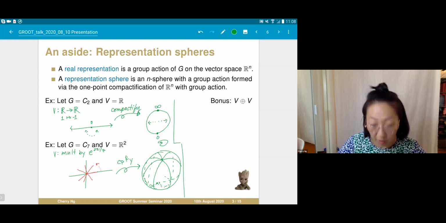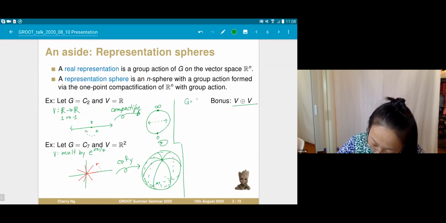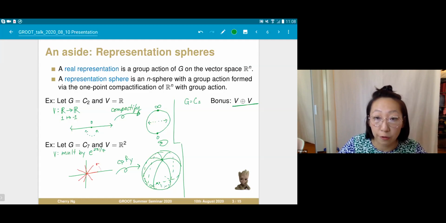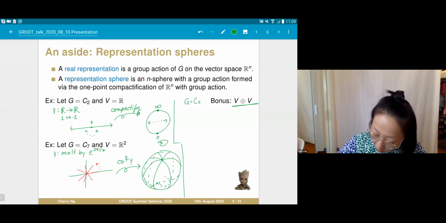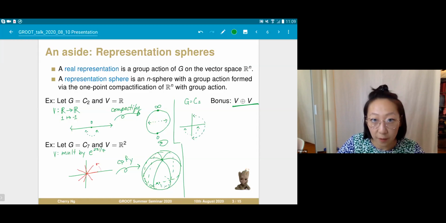As a bonus, let's also talk about what happens when the representation is a direct sum. So again, we're going to use the group C2. We're going to use the same representation on the left here, the top one, where the vector space for V is 1 copy of R. And so the vector space for V direct sum V will be R2, where the action is to take one axis and flip it, and also to take the other axis and flip that.